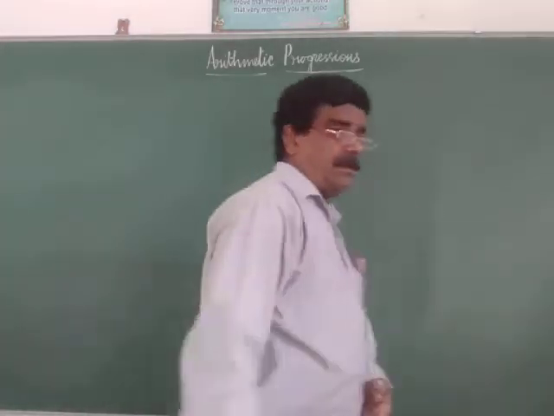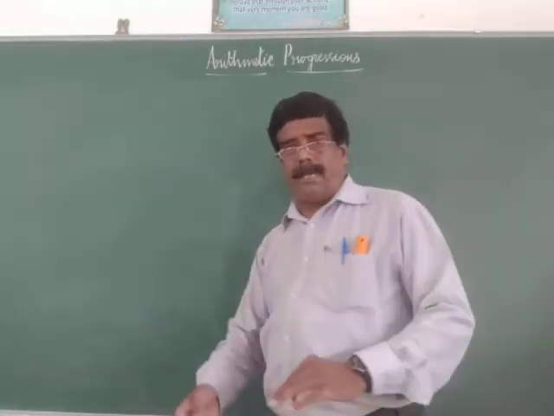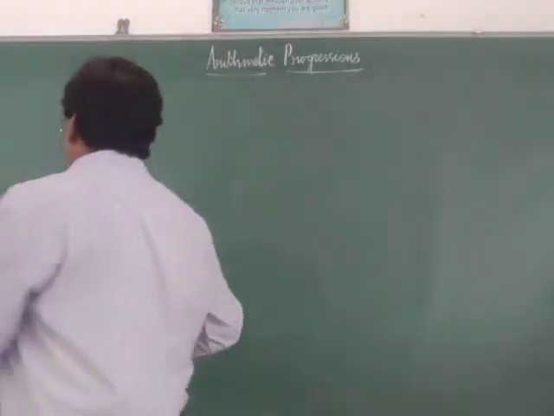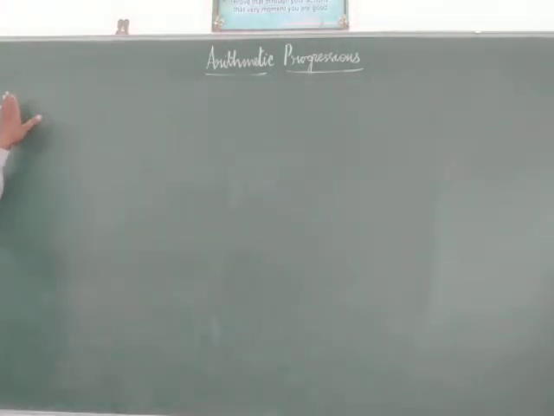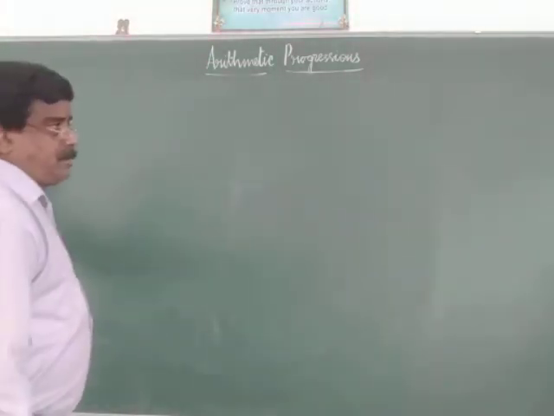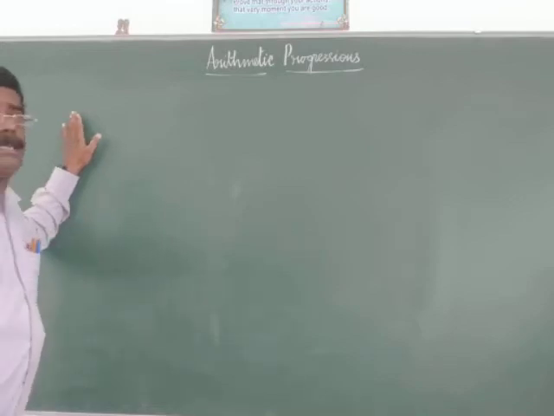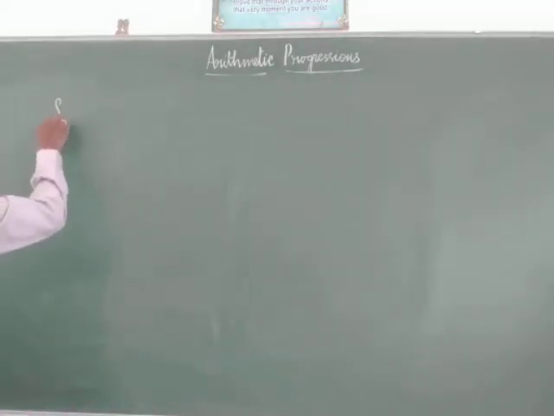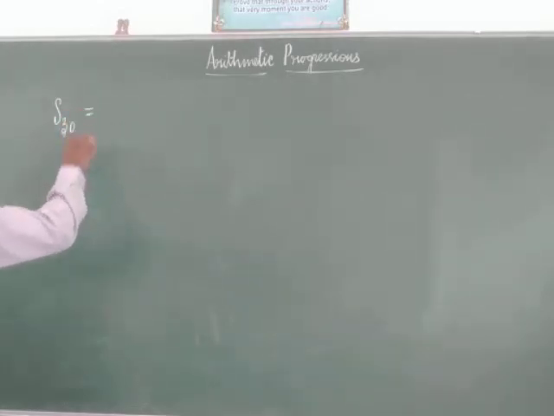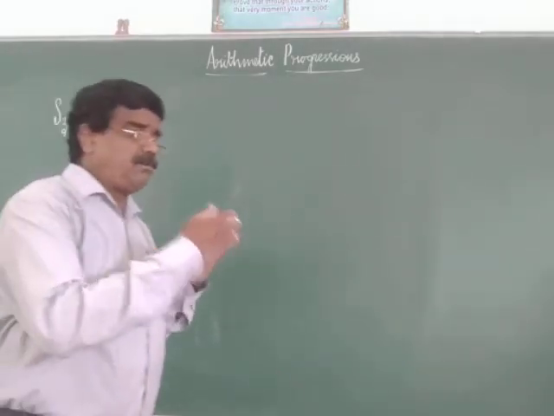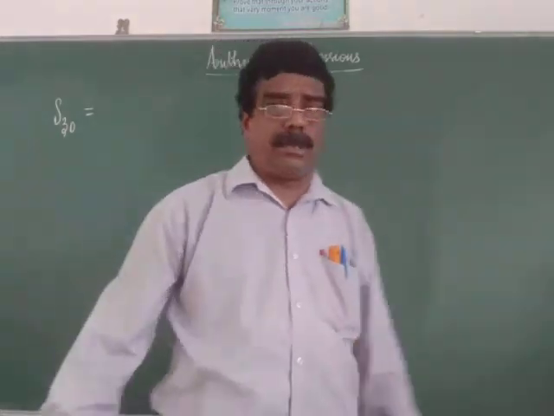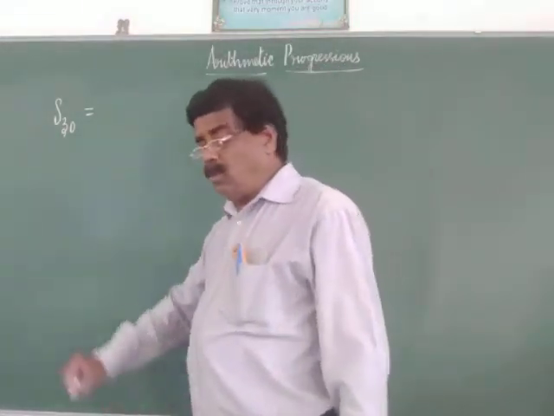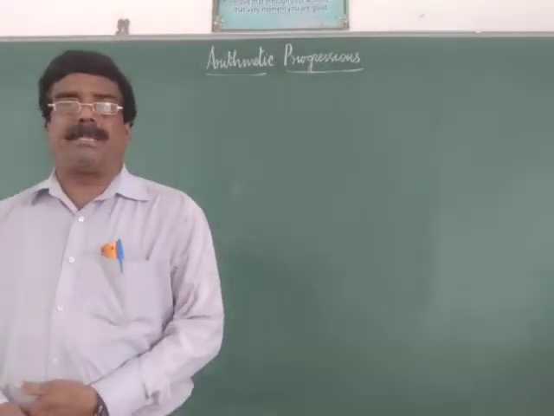See children, I have rubbed the board. I have already explained what. So anyhow here you have to find out the sum to n terms. N term means in this sum it is given as 30 days. So we can start with S30. S30 means sum to 30 terms or sum to 30 days. So what's the amount of penalty to pay on the first day?